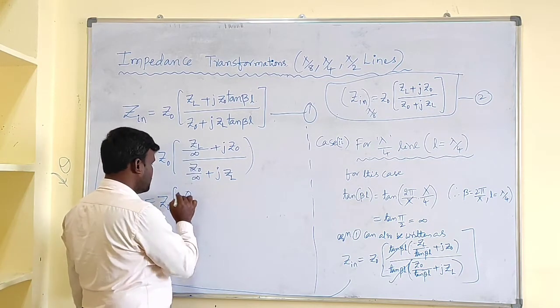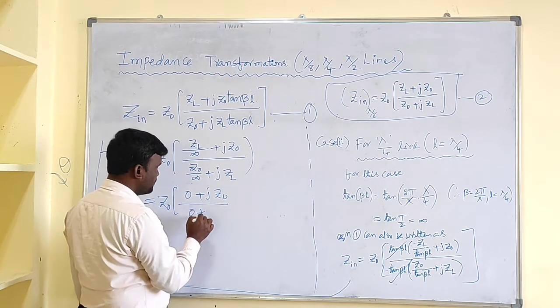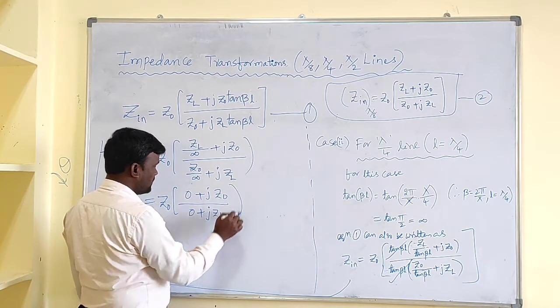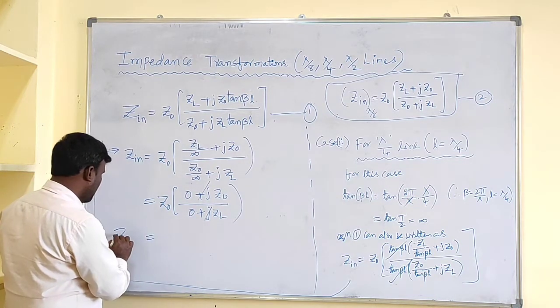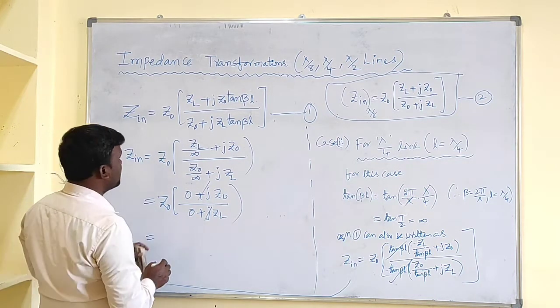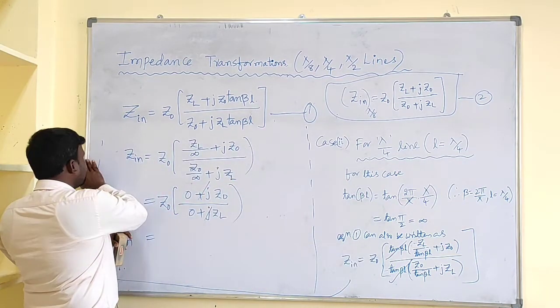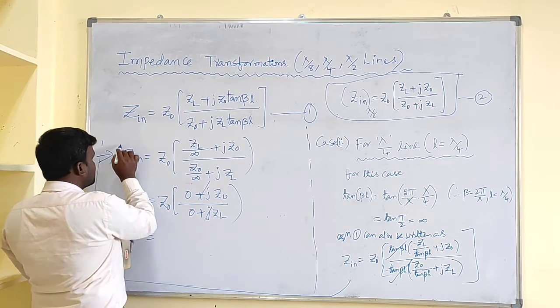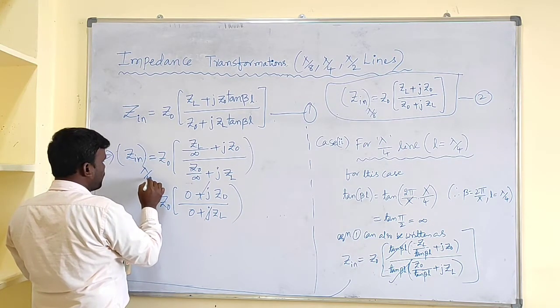Something by infinity gives 0, so we get Z0, and in the denominator something by infinity gives 0, so that is jZL. Now this one cancelled out. Actually, indirectly here I considered tan beta L as infinity, so I need to take this as Zin for the lambda by 4 line.